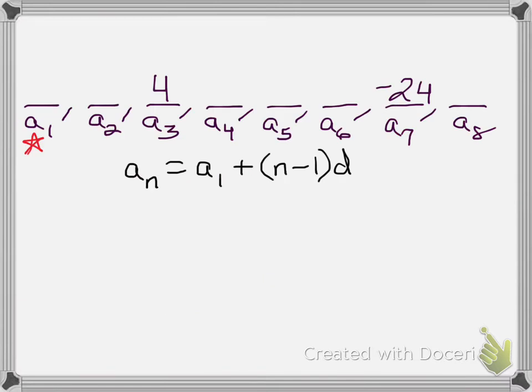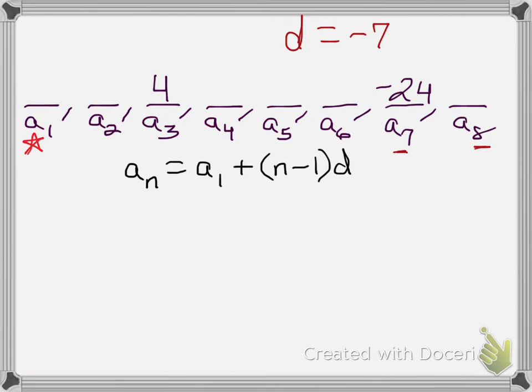So just to give you a visual, if I was to write a sub 1 all the way to a sub 8, well, we already know the third term is 4. We already know the seventh term is negative 24. We also now know that our common difference is negative 7. So basically what that means is to get from the seventh term to the eighth term, I have to subtract 7.